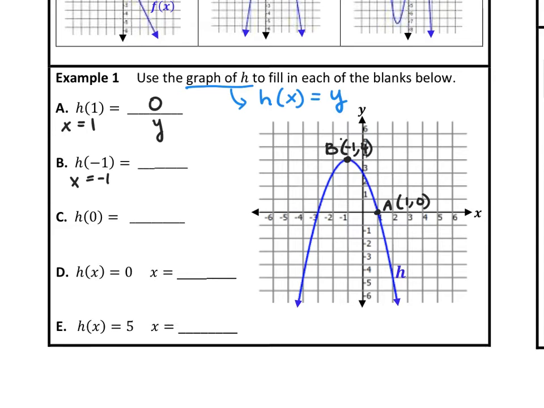You know what? I'm going to rewrite it again because I don't want it to get in the way of the x-axis. So I'm going to say this point B is located at -1, 4. So if -1 is my x, what's my y? 4. So I get my y here.